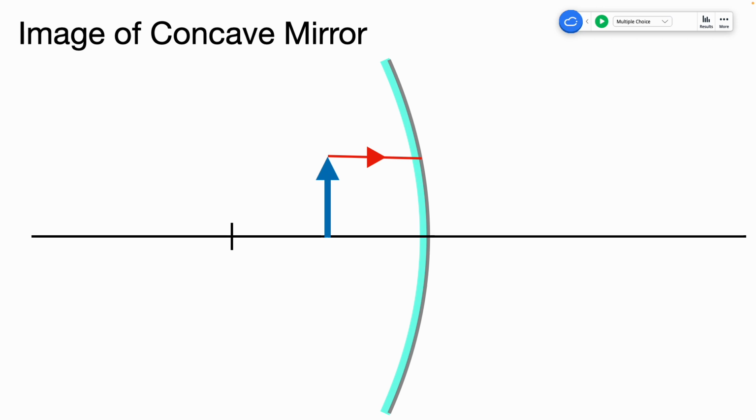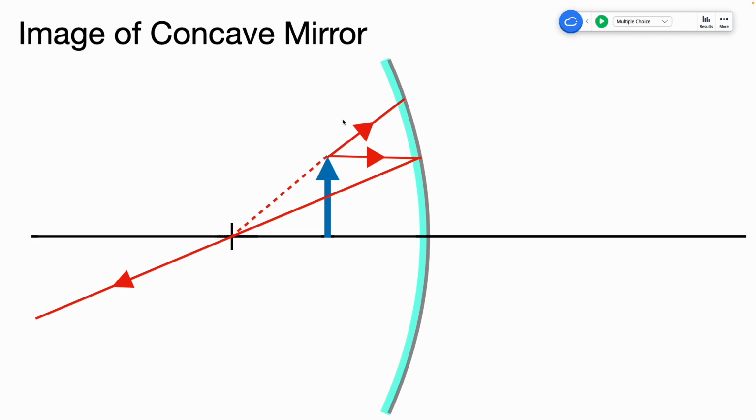Again, parallel light will pass through the focal point. And to figure out the second light ray, we pretend a light ray is coming from the focal point, and then we follow this direction to draw a second ray.